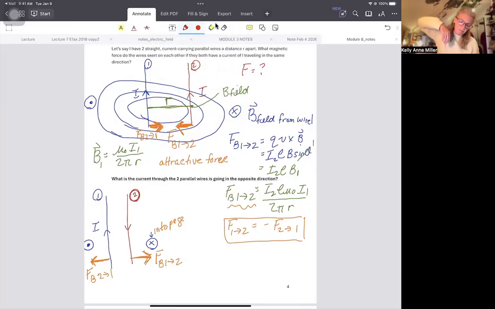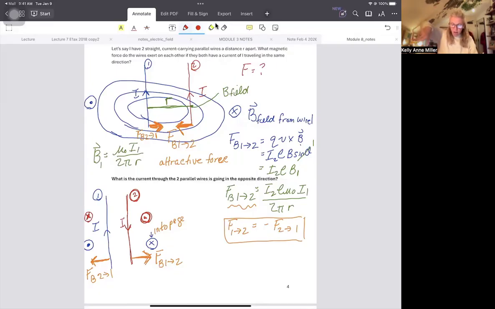The current is going down, so the magnetic field is coming out of the page on this side. I'm drawing it in red so that it'll match up with this wire. If I point my thumb down in the direction of the current, my fingers are coming out of the page on the right-hand side of the wire, but going into the page on the left-hand side of the wire.